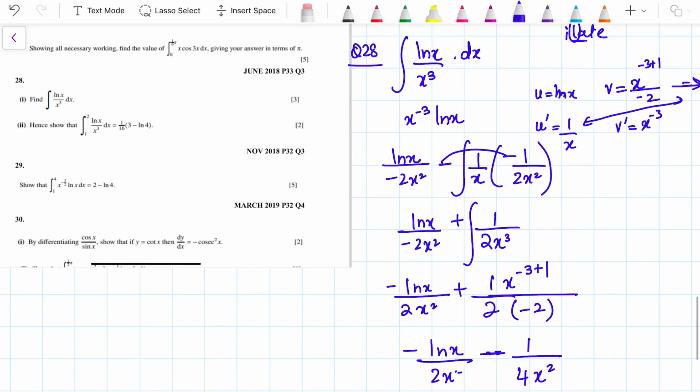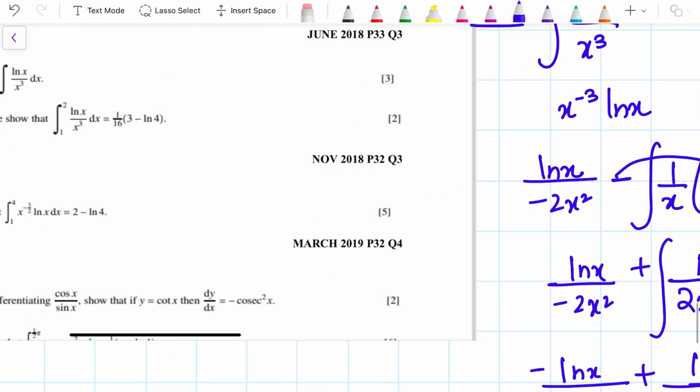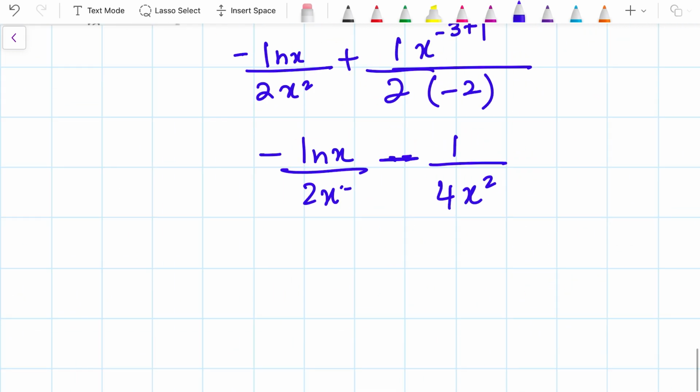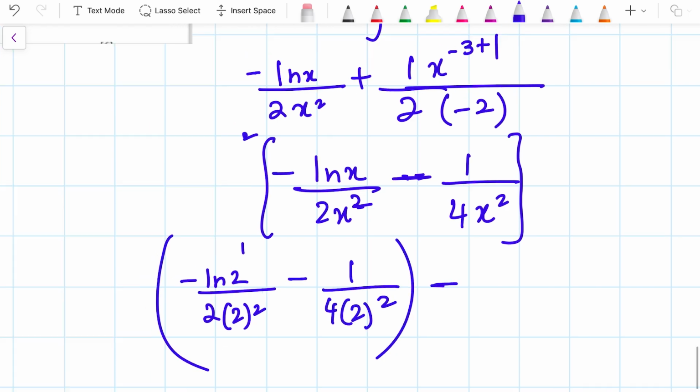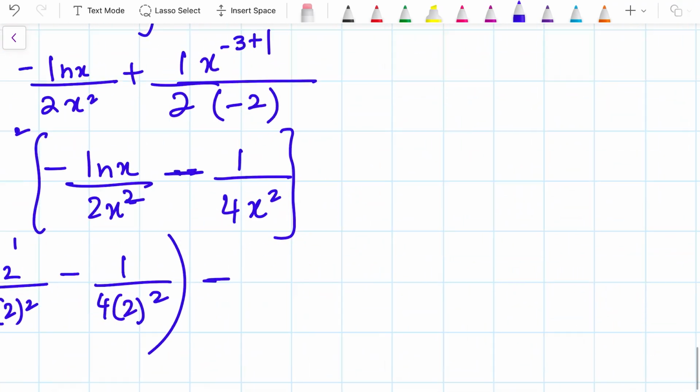All right. Now, what are the limits given to us? The limits are 2 and 1, and this is what we have to show. Minus ln 2 upon 2 into 2 square, minus, what is my upper limit? Lower limit is 1.